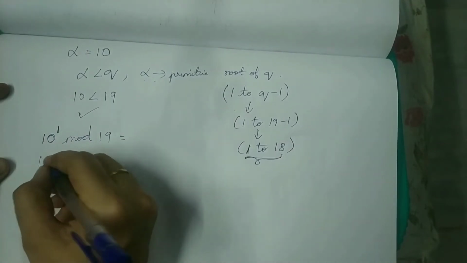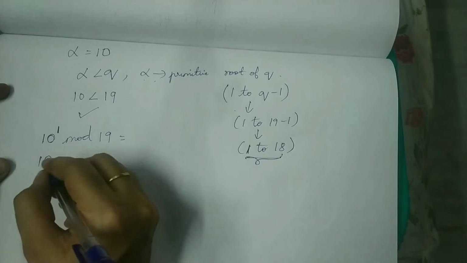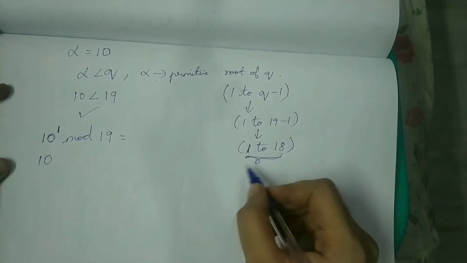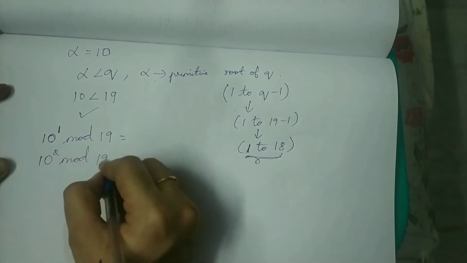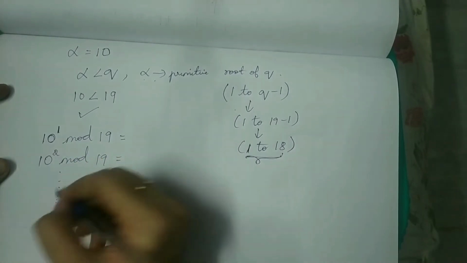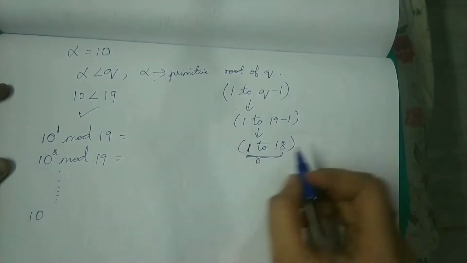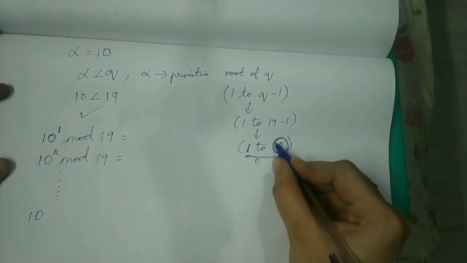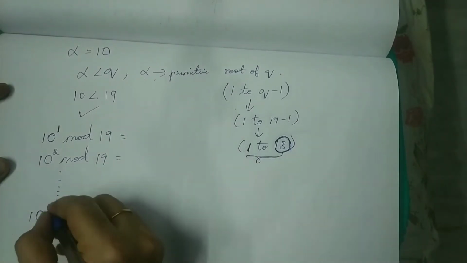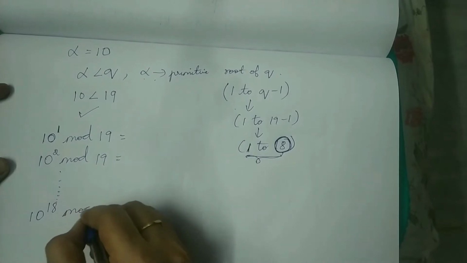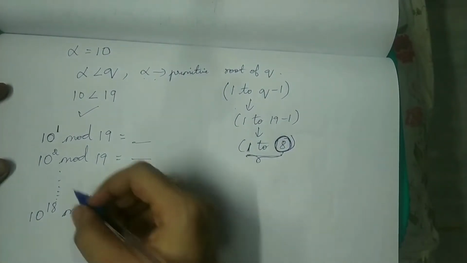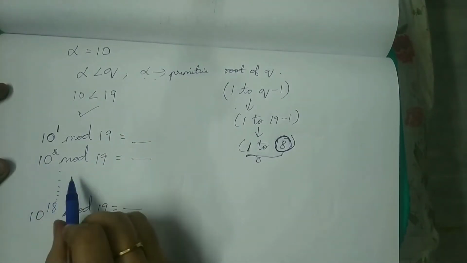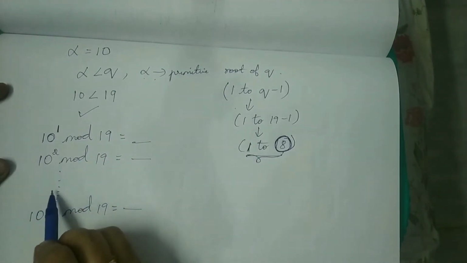Next 10, again I am writing the alpha's value. The range's next number is 2, so 10 to the power 2 mod 19. And so on it will go, and I should end it with this 18 because it is only till power 18. So 10 power 18 mod 19. So I'll be getting some answers for all these. 10 cube mod 19, 10 to the power 4 mod 19.